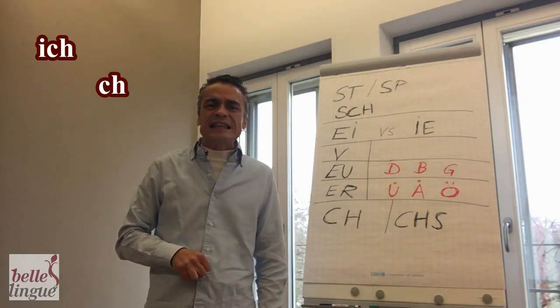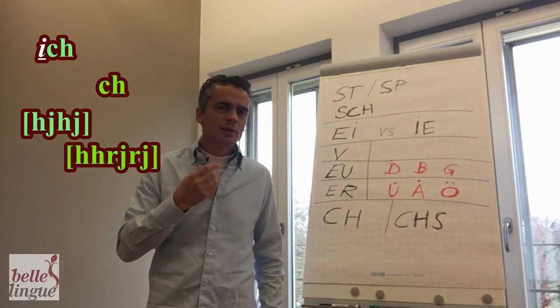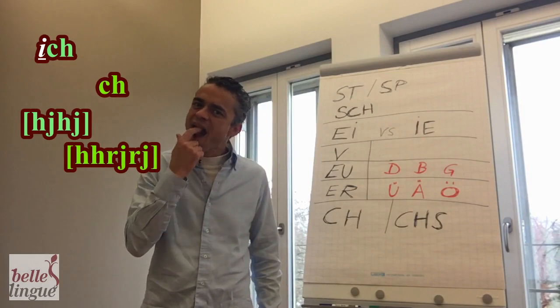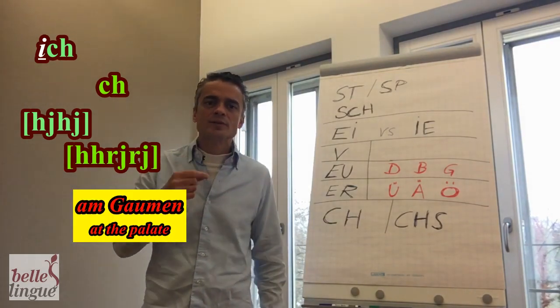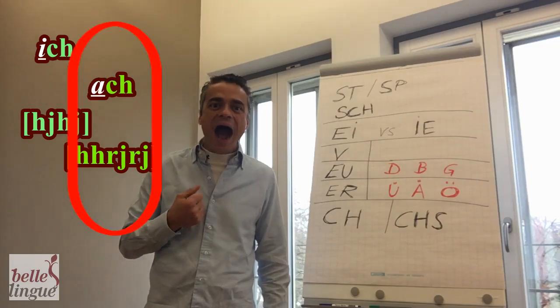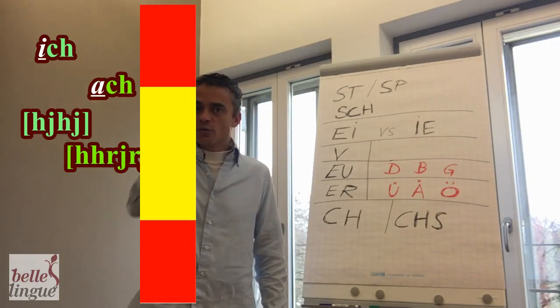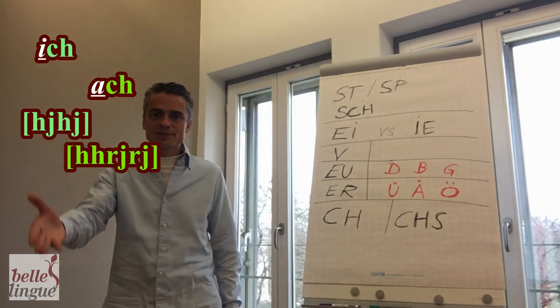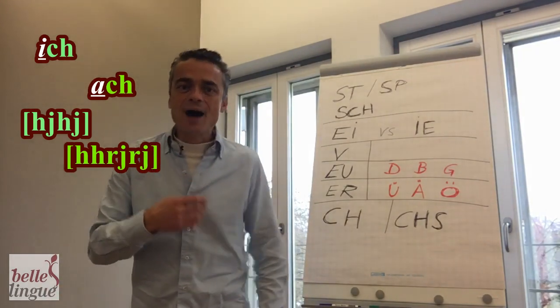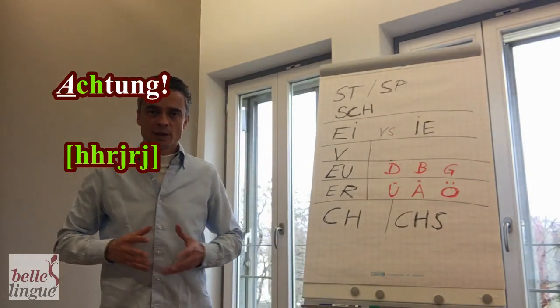One is the soft one. It's a little bit at the palate, so it's ich. Or you have a stronger one, a Spanish one. For the Spanish, it's easy to pronounce. So like Achtung, which is be careful.